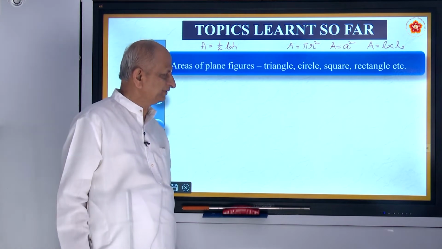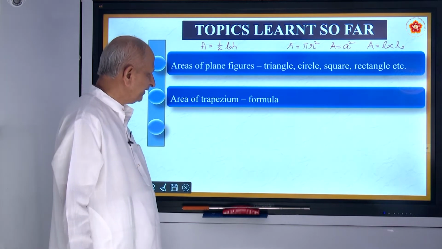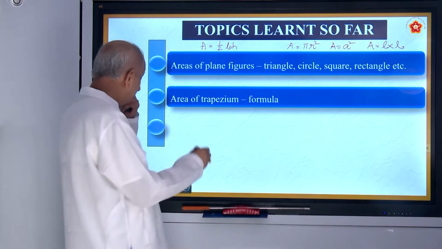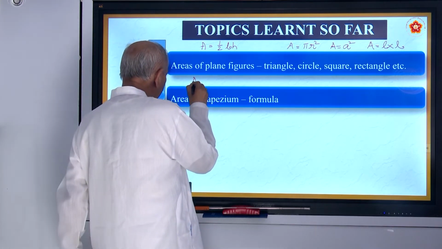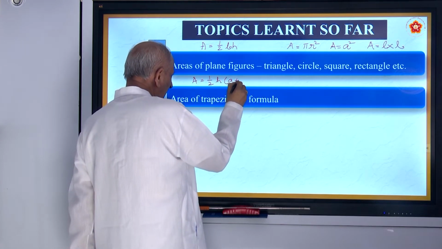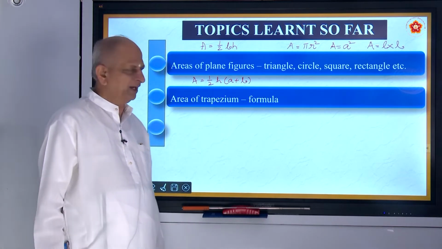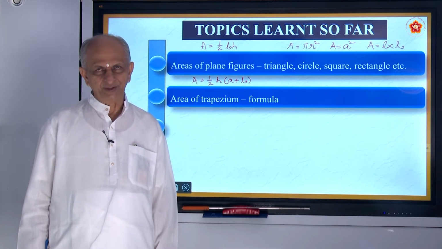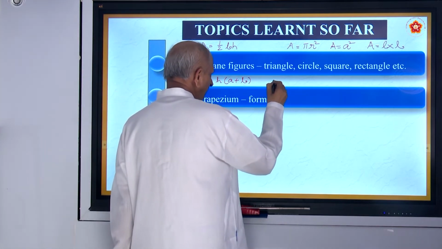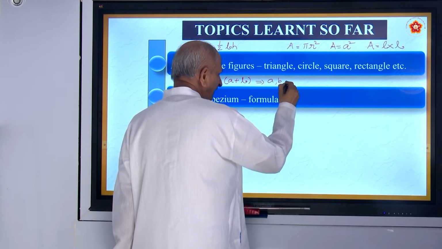Together with that, we have studied the area of trapezium. What is trapezium? It is a quadrilateral having one pair of parallel lines. Its area is given by the formula A equals half h into (a plus b). What are a and b? Parallel sides.